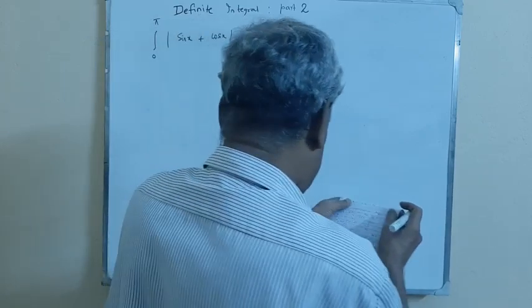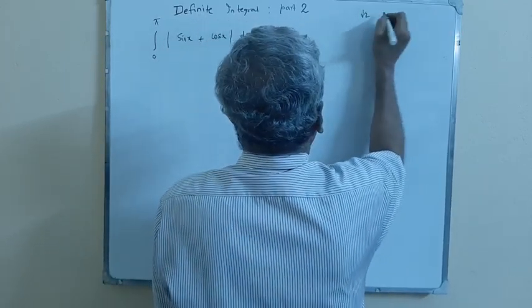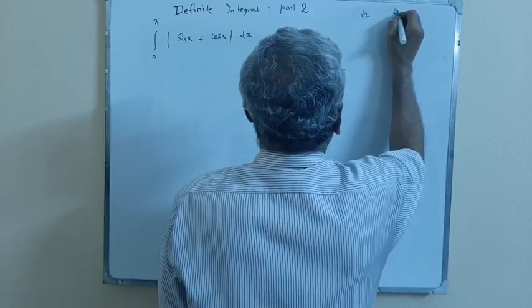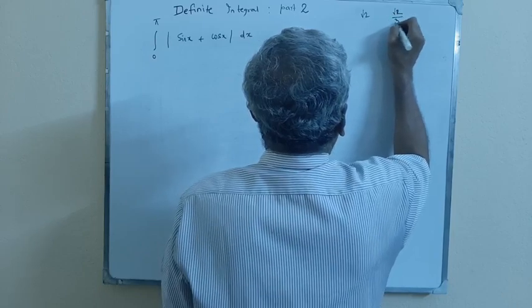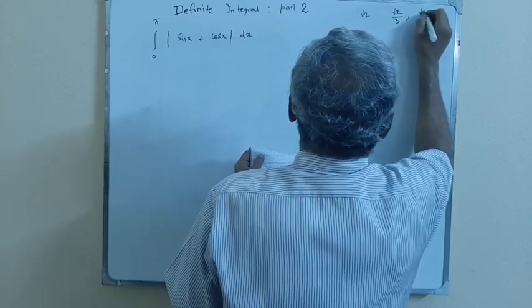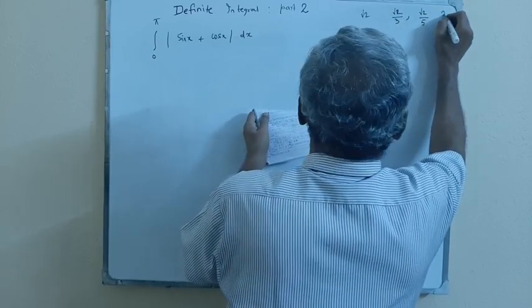Options are √2, √2 by 3, √2 by 5, and 2√2.